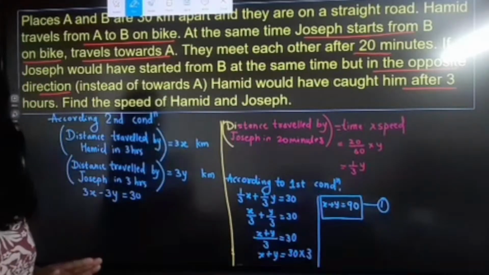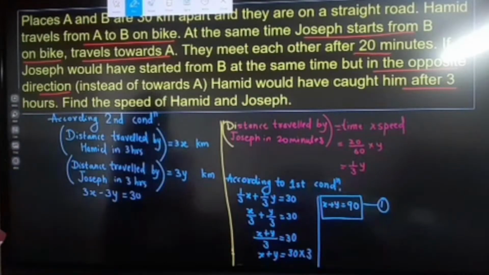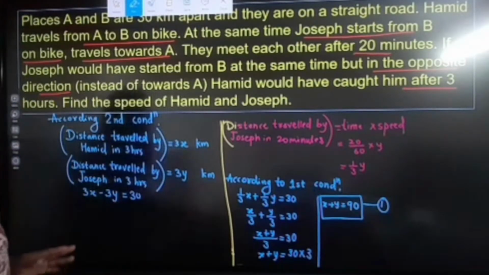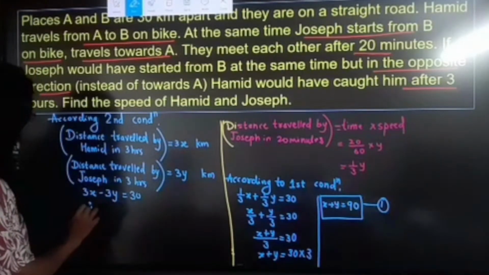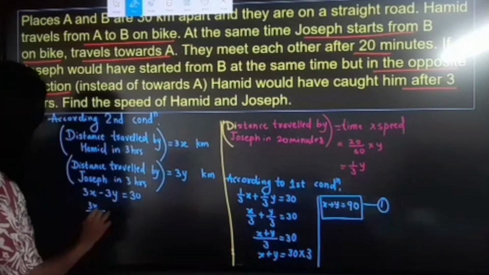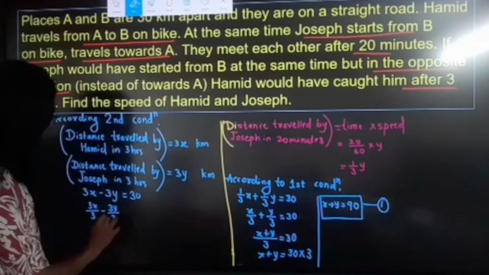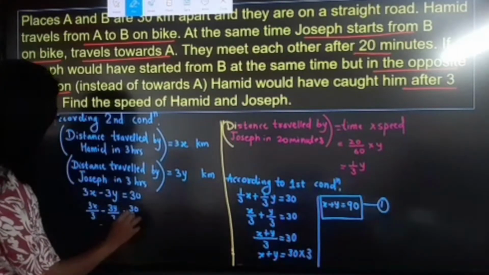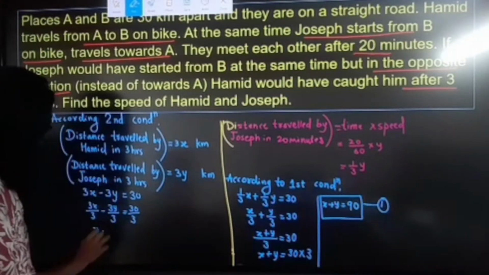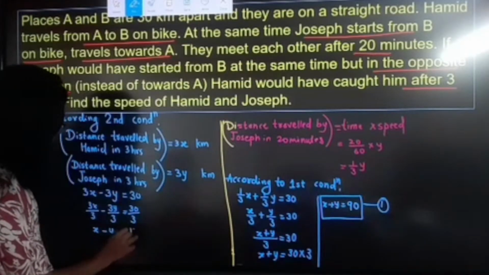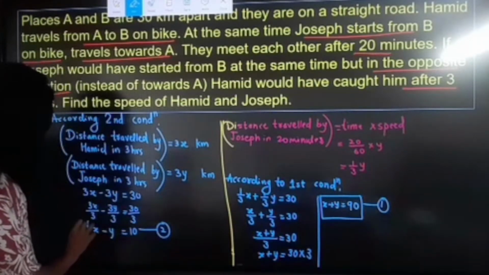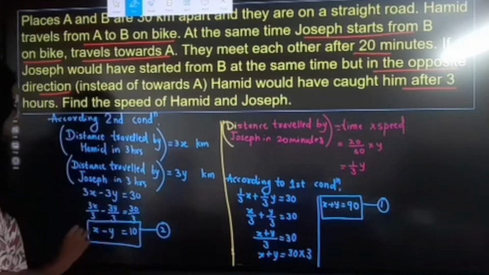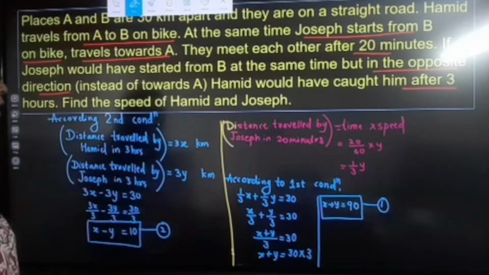Students, 3x minus 3y is equal to 30. Dividing both sides by 3, 3x upon 3 minus 3y upon 3 is equal to 30 upon 3, which means x minus y is equal to 10. Call it the second equation. Students, this is our second equation.